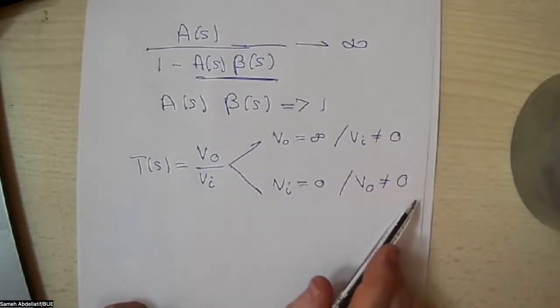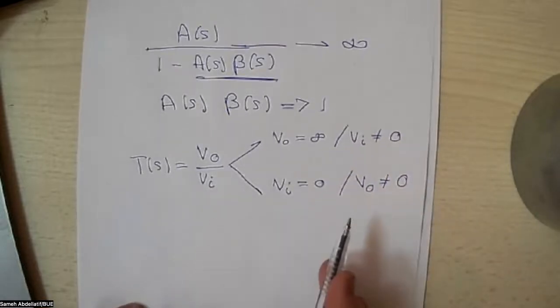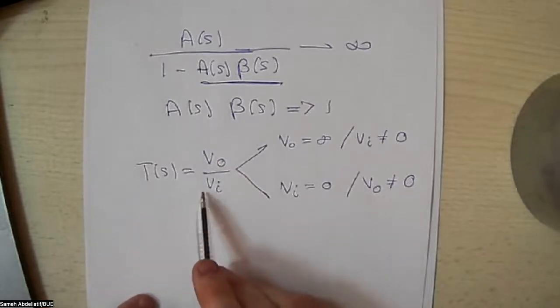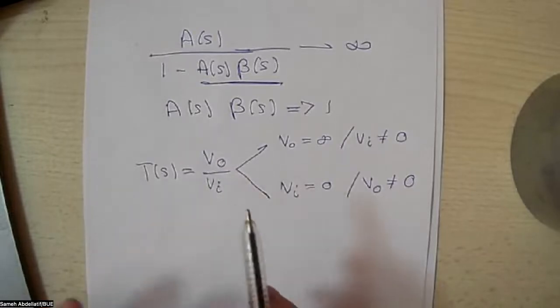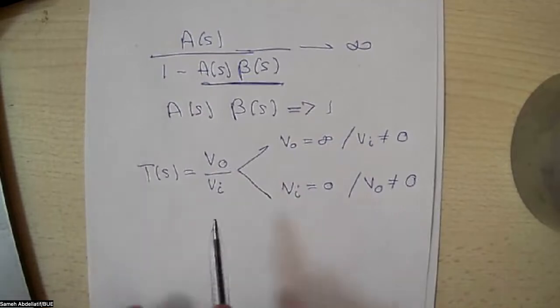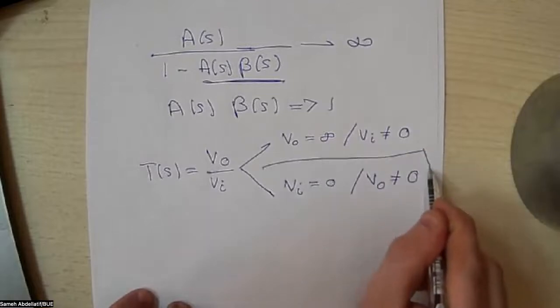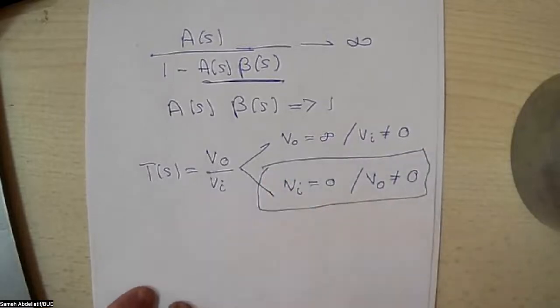Because if the output is equal to 0, that means it's 0 over 0, which is an undefined value. But whenever you have a finite number over 0, the output is infinity. So this is typically what we are searching for, my dear students.